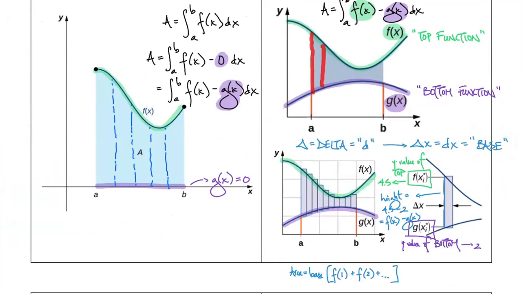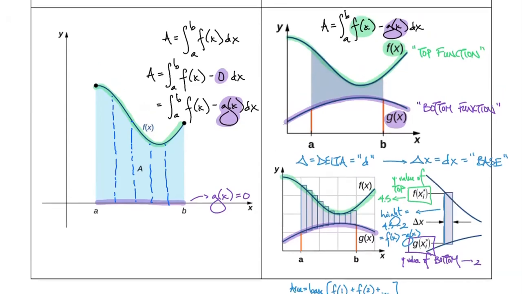And for every rectangle, we do f of x minus g of x. And then we add up all of these lines. The dx tells us that we have an infinite number of rectangles. And this integral symbol tells us to add them all together.